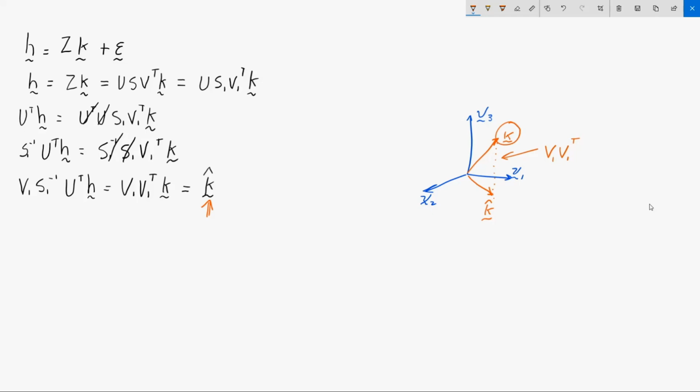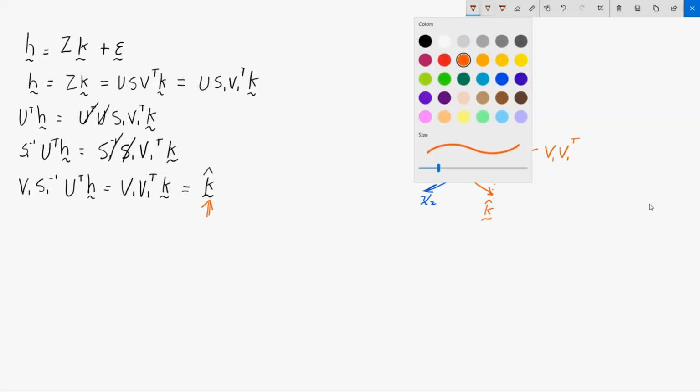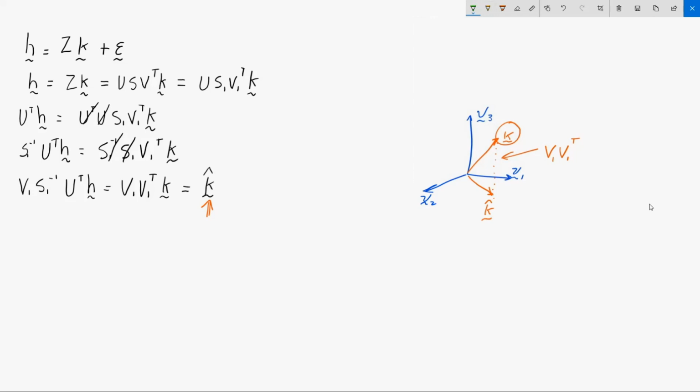So let's write this down a little more formally. What I have estimated, K hat, equals V1 S1 negative 1 U transpose H. That's how I solve the inverse problem.